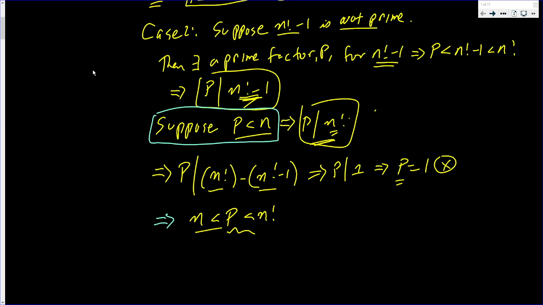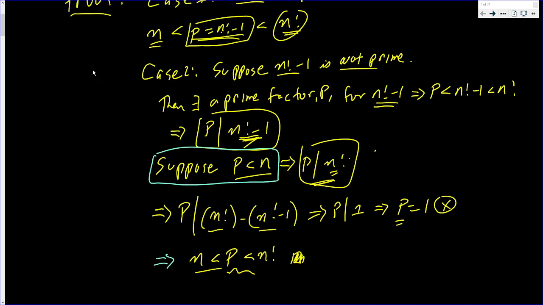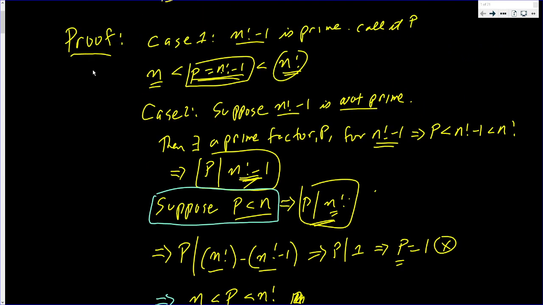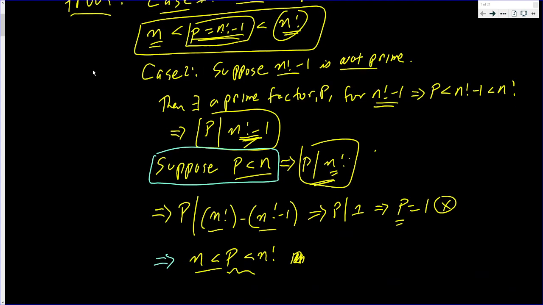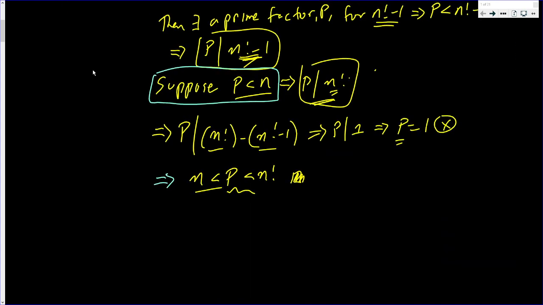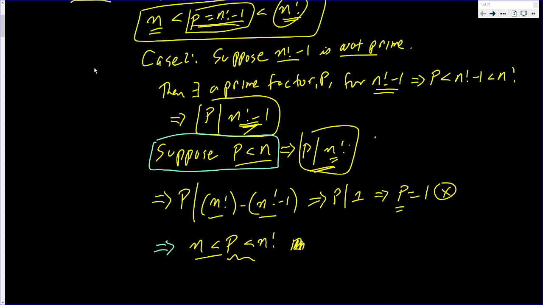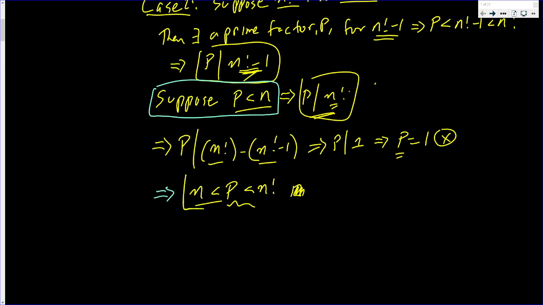And that's what we wanted to show, and we showed that in both cases. We showed it in case 1, that there is a prime p between n and n factorial. And in case 2, we showed that there's a p in between n and n factorial.